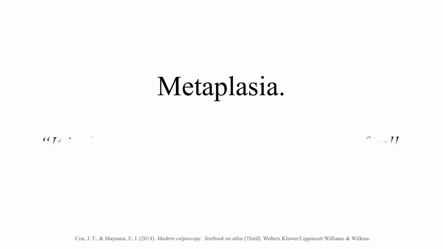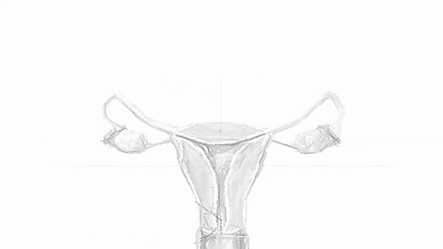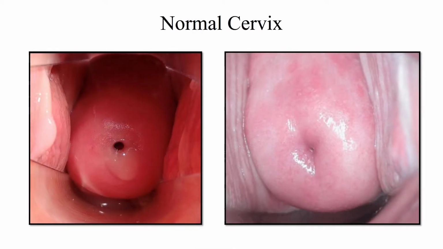Let's talk about metaplasia. What is metaplasia? It's a transformation of a mature type of cell to another mature type of cell. Simple as that. So, let's see how a normal cervix looks.